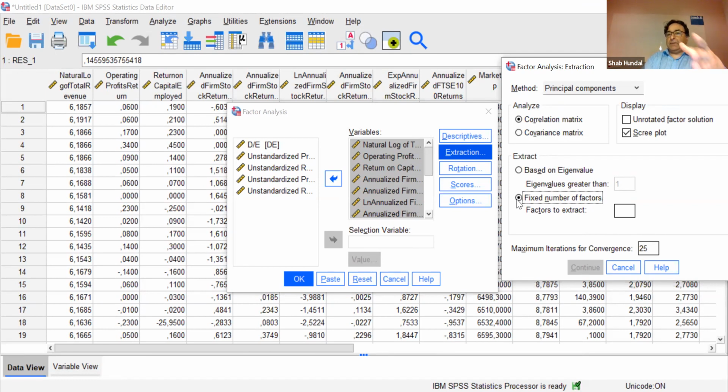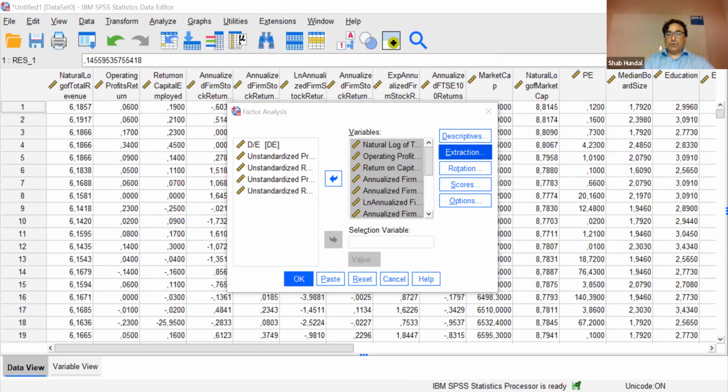When I have a bird's eye view of the nature of the independent variables, it seems that they are clustering on the accounting measures, then the stock market measures, and then the corporate governance measures. So here, I take 3 factors. And when we choose, we continue.